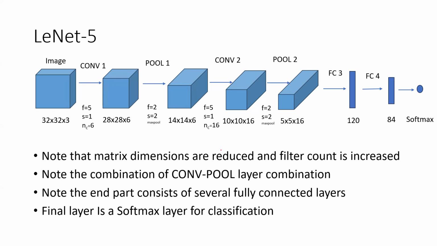In 1998, he published this paper about LeNet, which is about image classification. This is not the exact original version of LeNet, because some of the techniques used in the original paper are now obsolete.